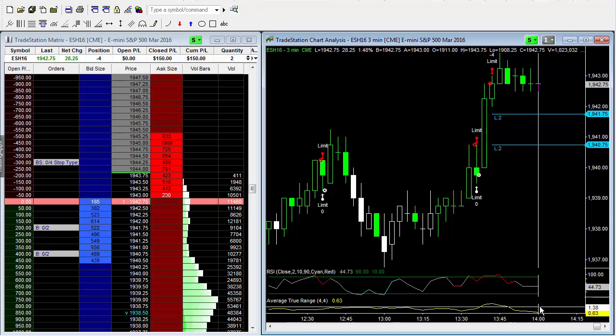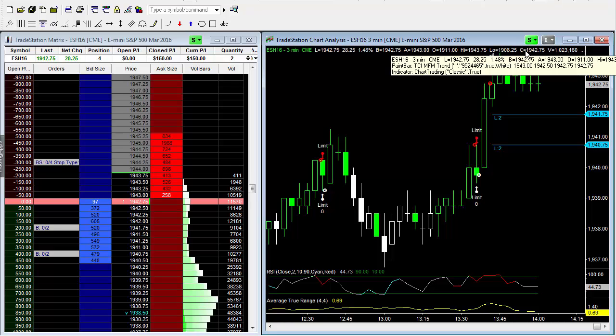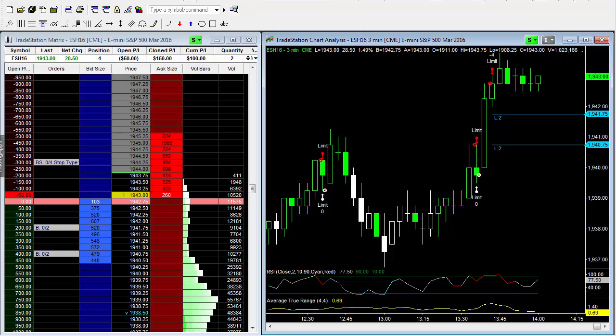Oh, look at that, it's a 0.6. It's not even 3/4 of a point, over the last 4 bars. So it's tight, and when this market starts to trade again and get some volatility, we're going to see some movement, I believe. I'm right above the high of the day. I'll pause the video and come back as things get interesting.